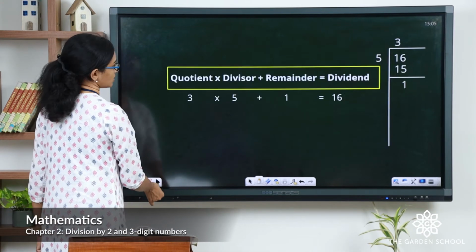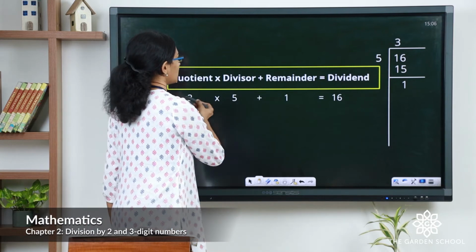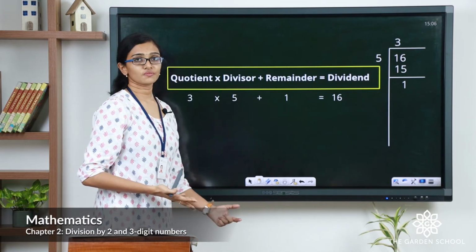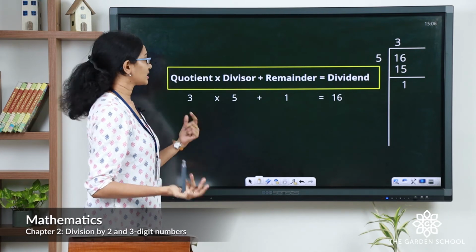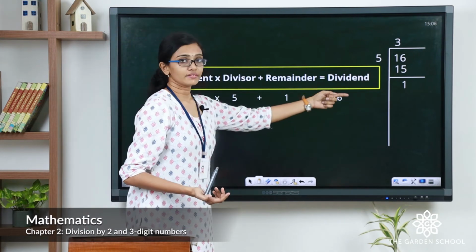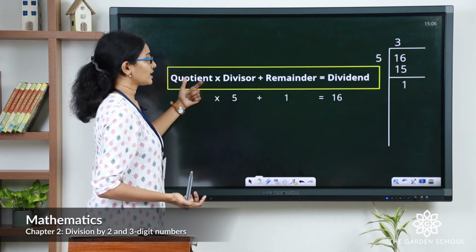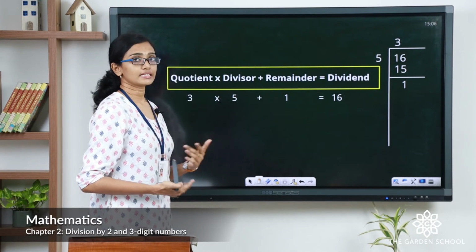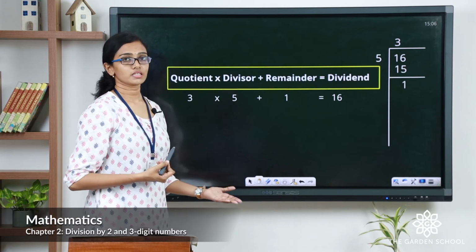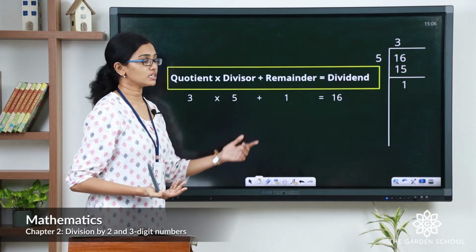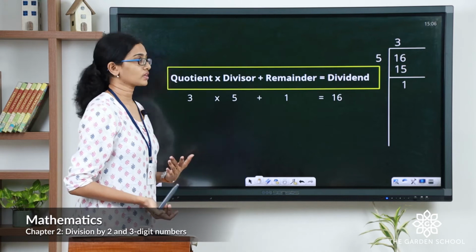Now, you have to keep this formula in mind so that you can check if a division was done correctly. You can get the dividend if you multiply the quotient and the divisor and then add the remainder to it. So, quotient into divisor plus remainder should always be equal to the dividend that you are dividing.